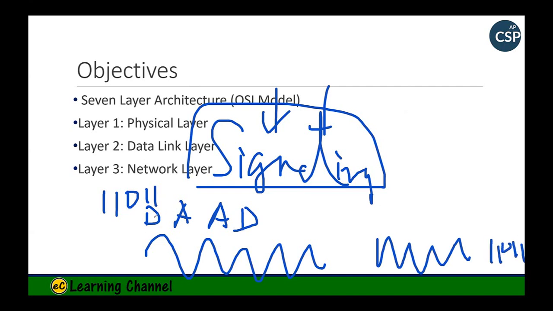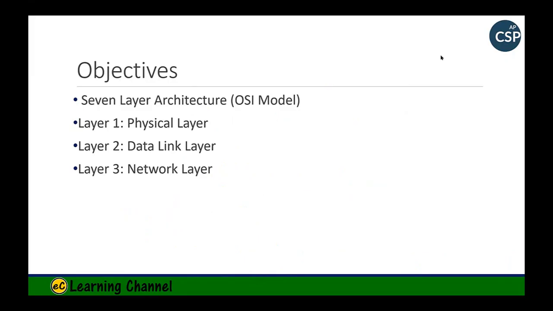This signaling part is level 1. Level 2 is board to board. I never change my talk. I'm consistent.